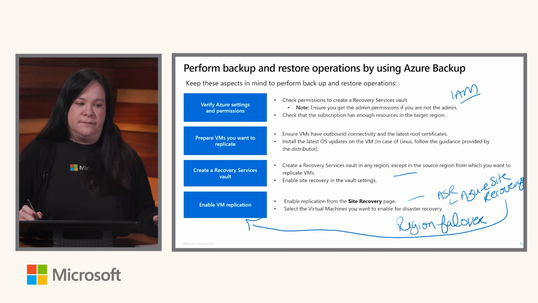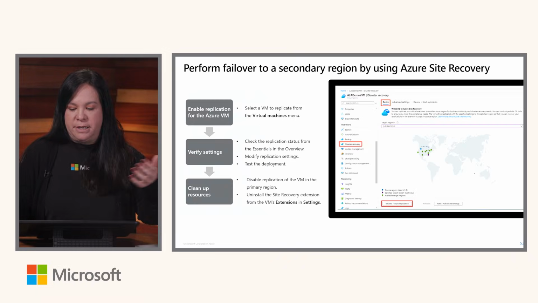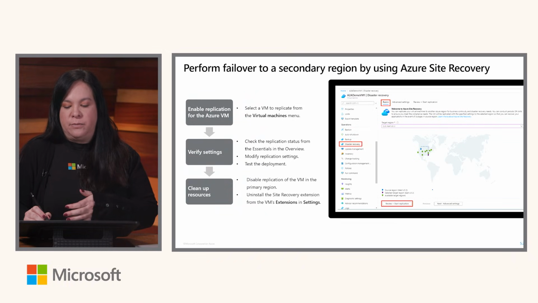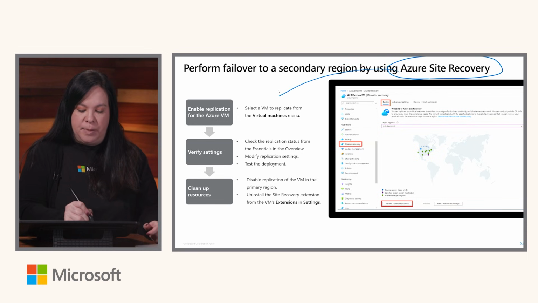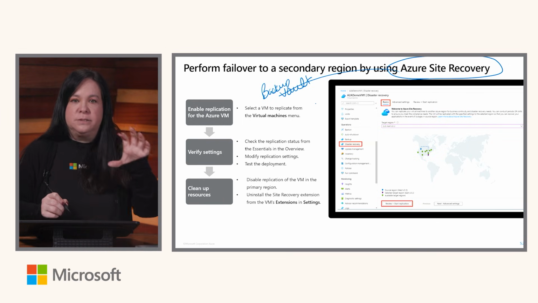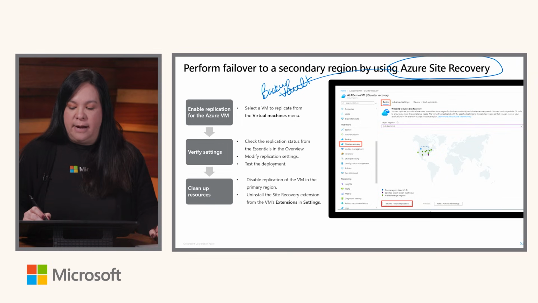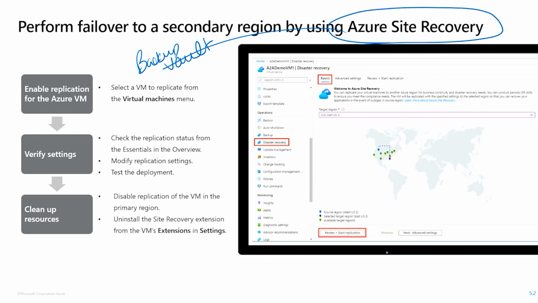Understand the difference of the two. And this is where you can see that in here. Performing that failover to a secondary region uses Azure Site Recovery, all still part of the backup vault. So it's all one service: backup vault, and then you've got your ASR and your backups in there. Again, know the difference between the two, and know how to set up the configurations and settings for replication in the ASR.